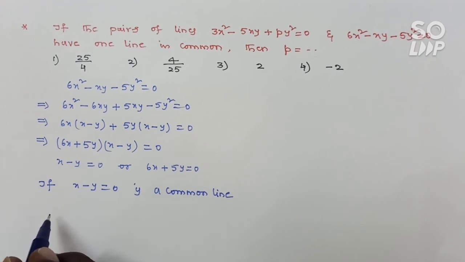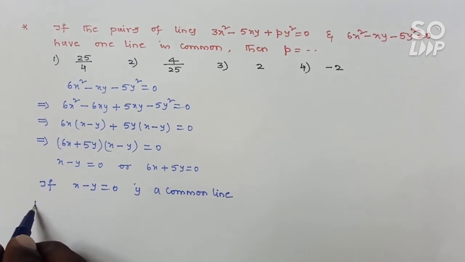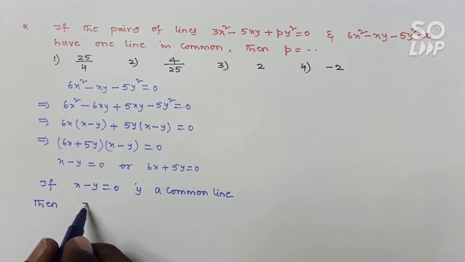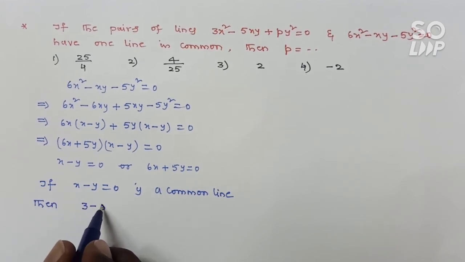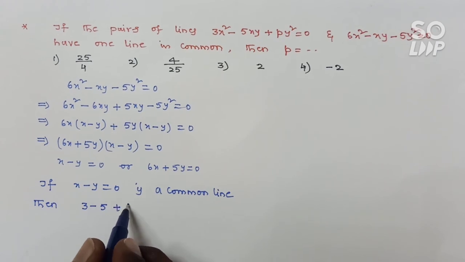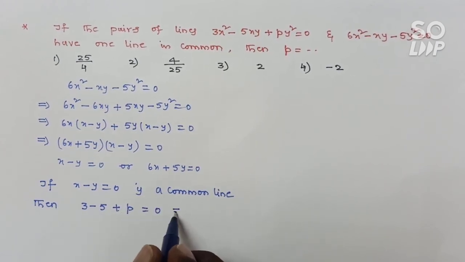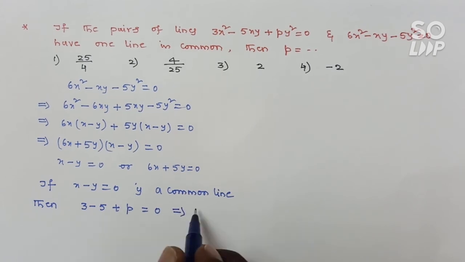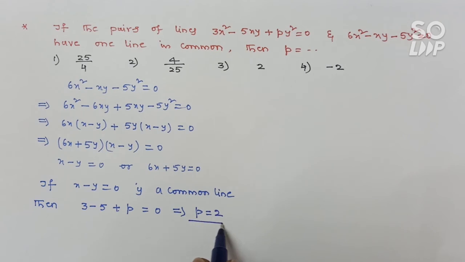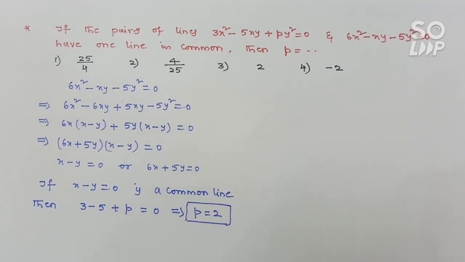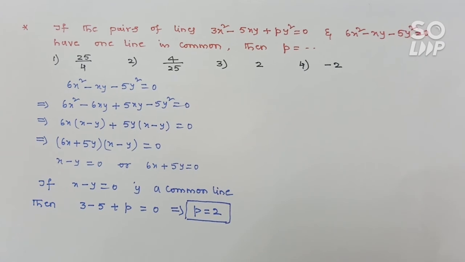Sum of the coefficients means, from the first pair of equations, 3 minus 5 plus p is equal to 0. From this you will get p minus 2 is equal to 0, means p is equal to 2. So one possible value is p is equal to 2.